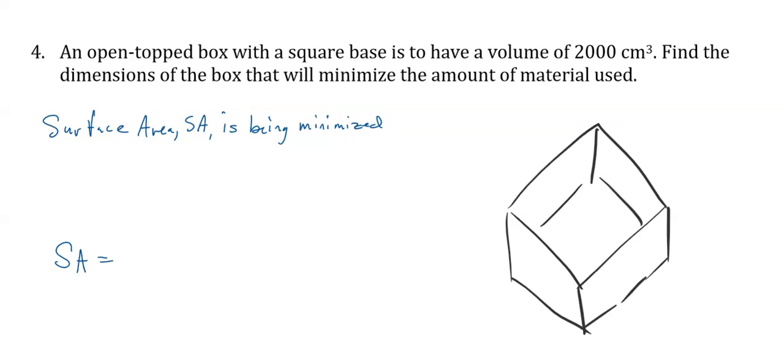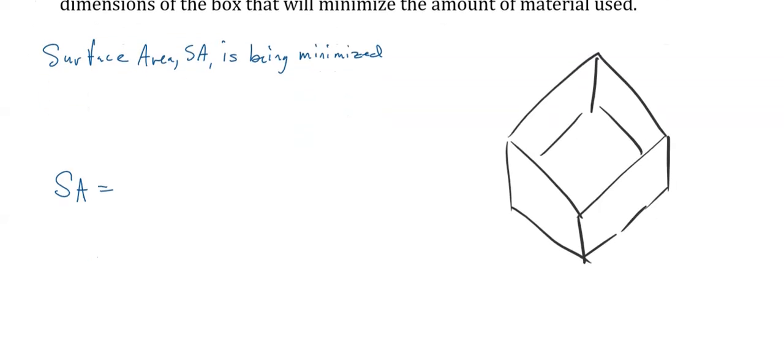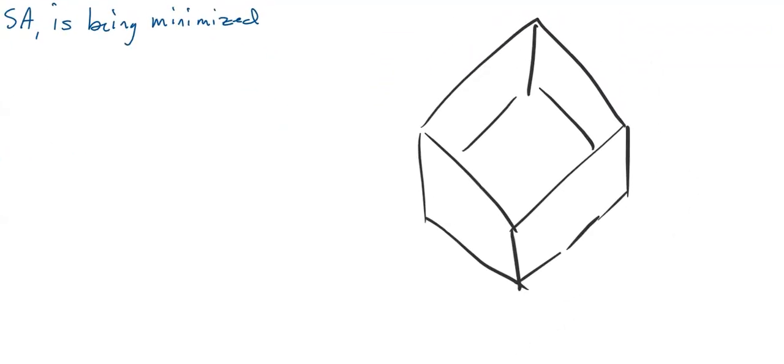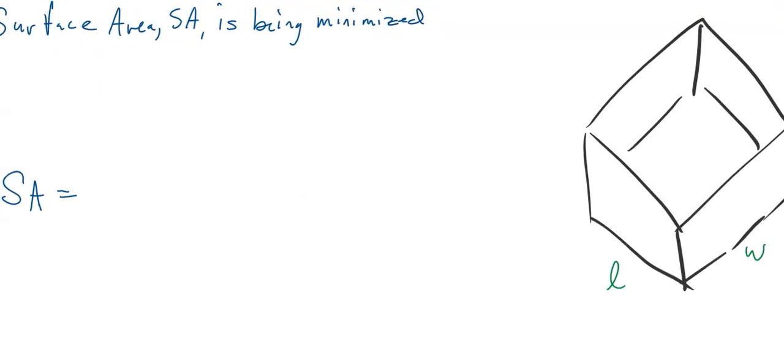Okay, there's my box. And a prism like this has dimensions length, width, and height. Volume is length times width times height. That's not what we're doing here. We're doing surface area. So what do I have?